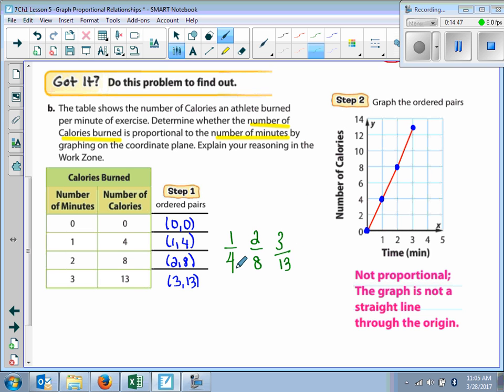So here, 1 to 4, 2 to 8, yeah, those are equal, right? But are those equal to 3 to 13? Those are not equal. So because the ratios are not equal, this is the check, then the situation is not proportional.